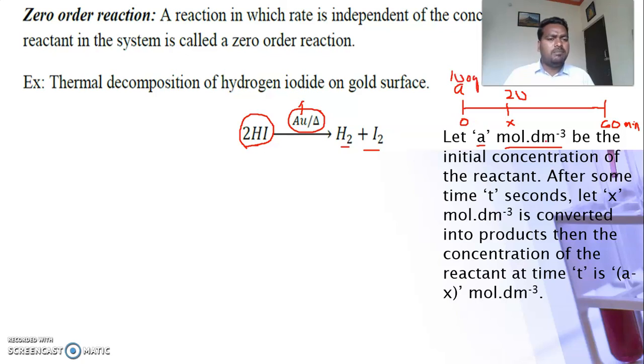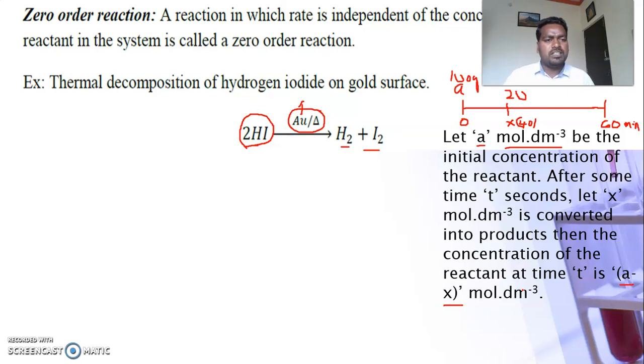Of the 100 gram, around 40 gram has reacted. So x is 40 gram, and x is converted to product. Then what is the remaining amount of reactant? The remaining amount of reactant must be 100 minus 40, that is A minus X. Here A minus X is the concentration of the reactant remaining.